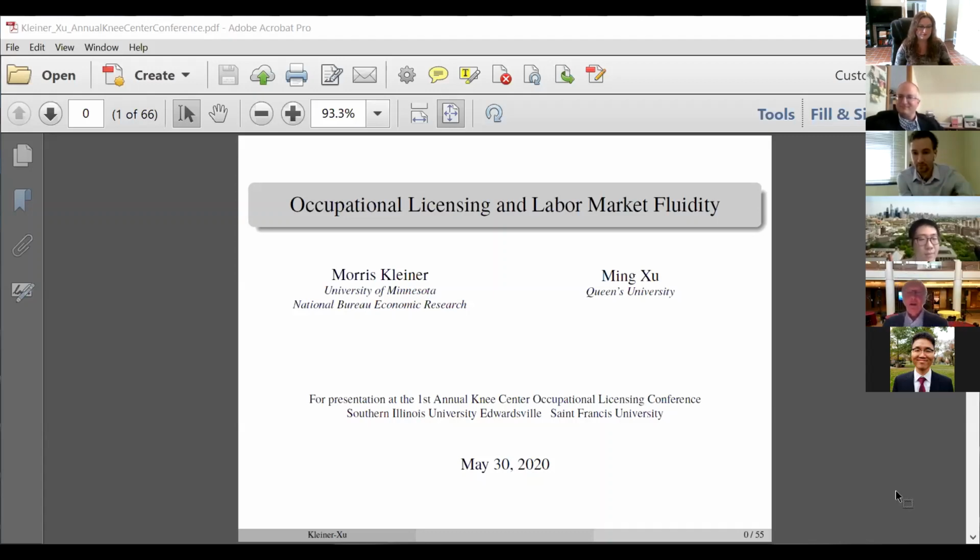In terms of this paper, this is co-authored with Ming Xiao, who was a PhD student at the University of Minnesota, now at Queen's University. What we're focusing our work on is occupational licensing and labor market fluidity. Where a lot of current work in economics is on issues of equity and income inequality, this work is on labor market efficiency and how efficient labor markets might work, and what effect occupational licensing has on mobility.